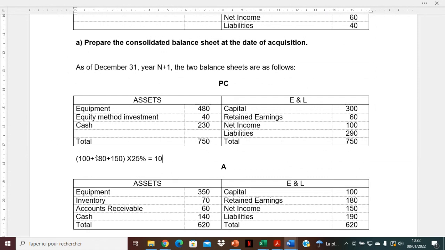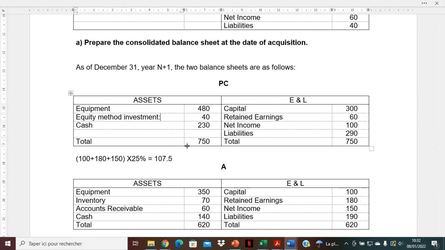25% is 107.5. If I check with my solution to be sure, yes. Okay, so this should be my target book value. Okay, 25% of the equity at the date I use the equity method.